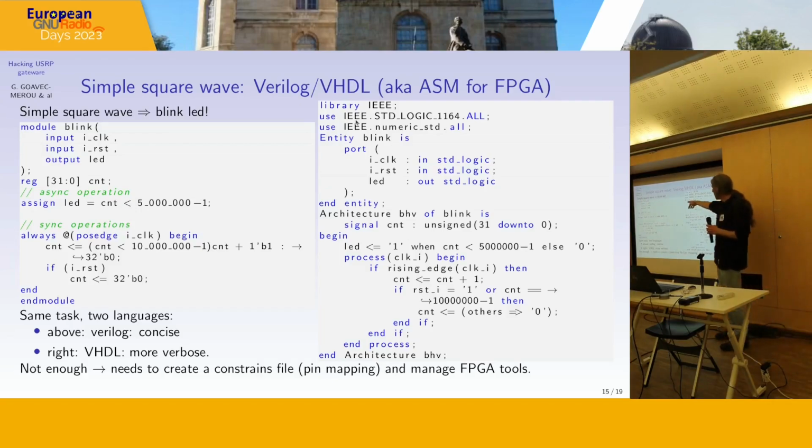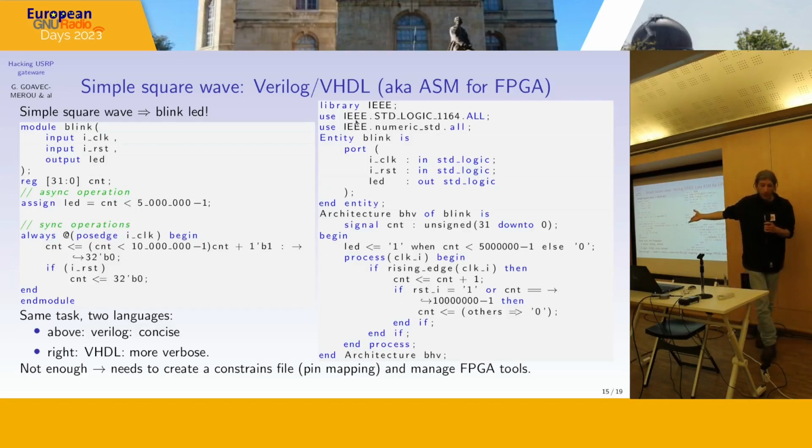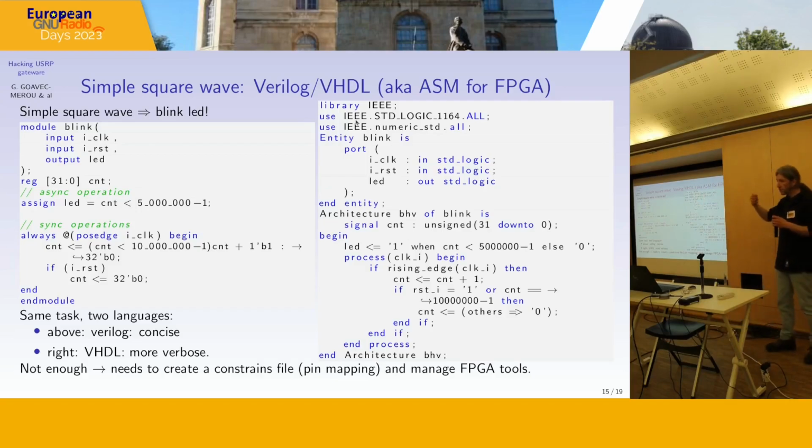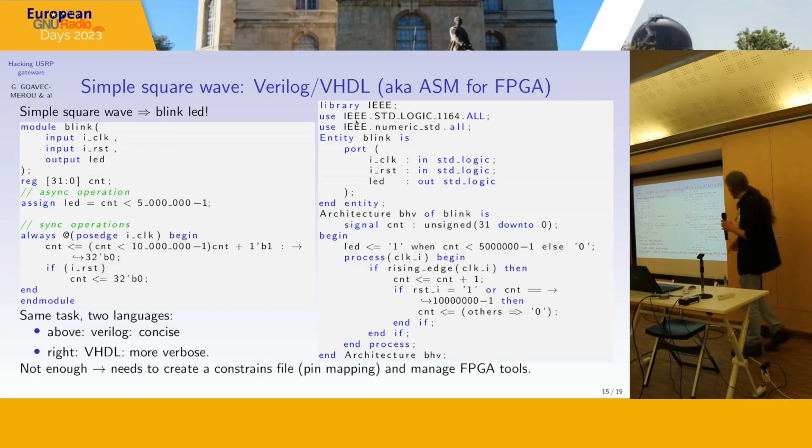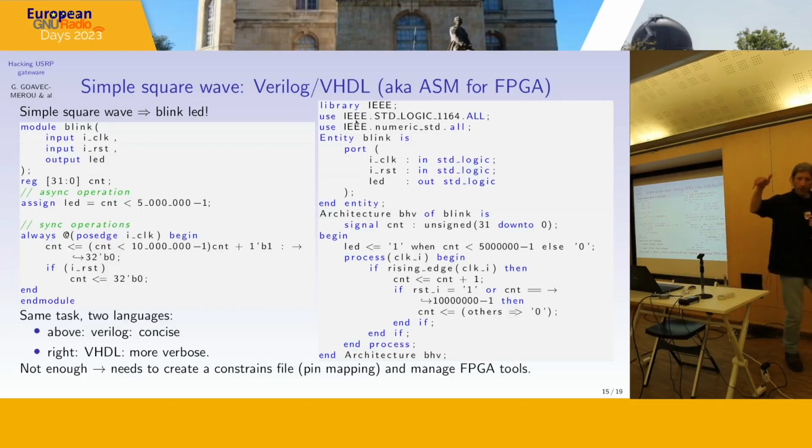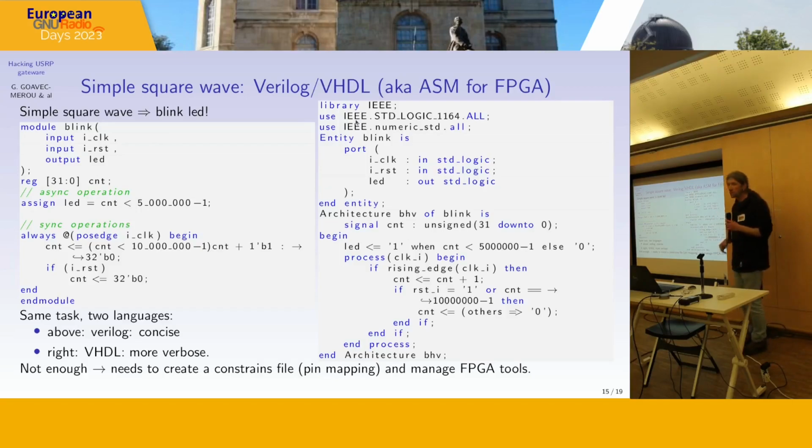Again, for Verilog, the result of the comparison is directly used as a value for the output LED. For VHDL, you have to compare value and counter. The result is a bool, and this is used with an if-else equivalent.